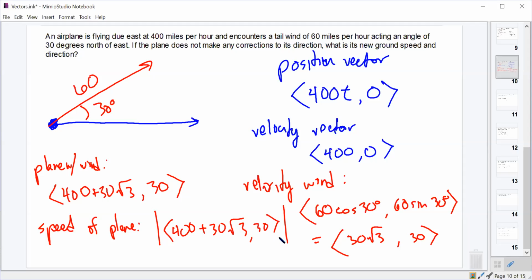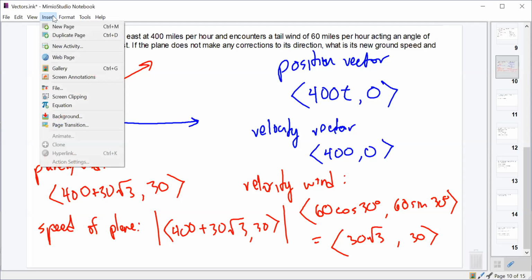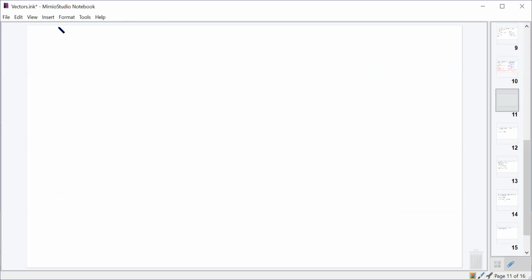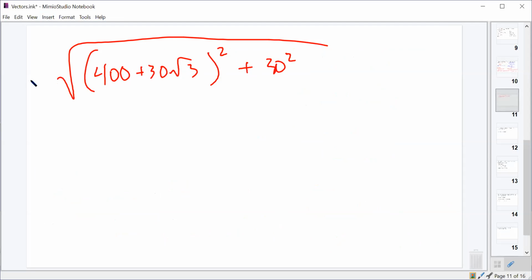It's just the magnitude of that vector, right? And so we'll just do, I'm going to get a new page for this. We'll do 400 plus, what was it, 30 root 3 squared plus 30 squared, all square rooted. And that should be our speed.